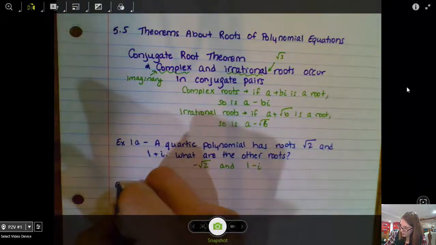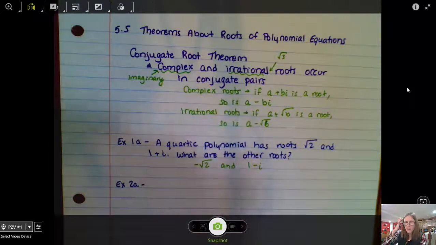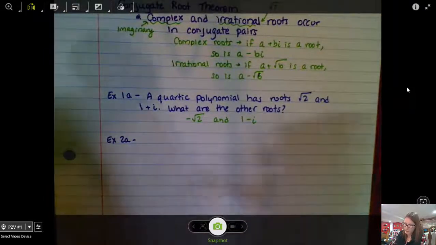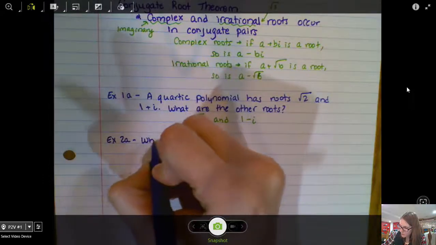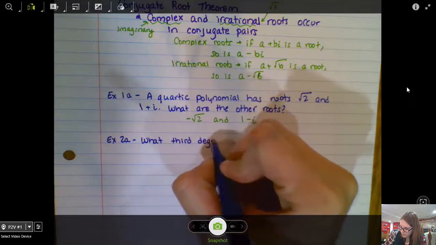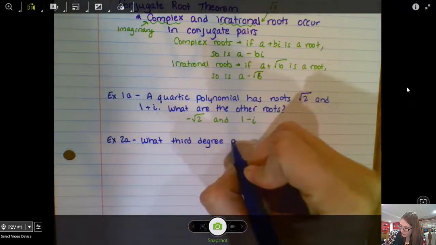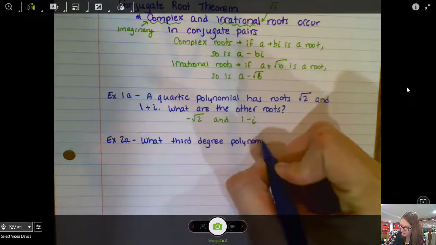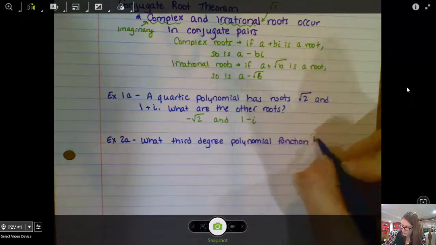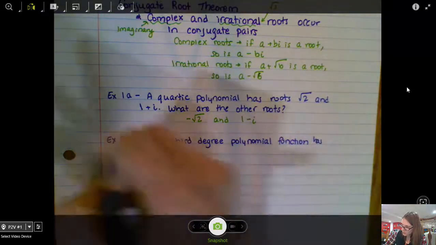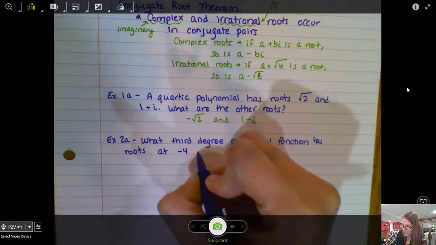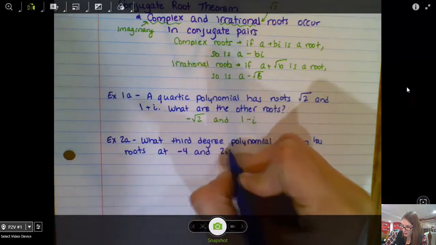We'll do example 2a here. And then the B video will have example 1b and 2b at the same time. So example 2a. What third degree polynomial function has roots at negative 4 and 2i?